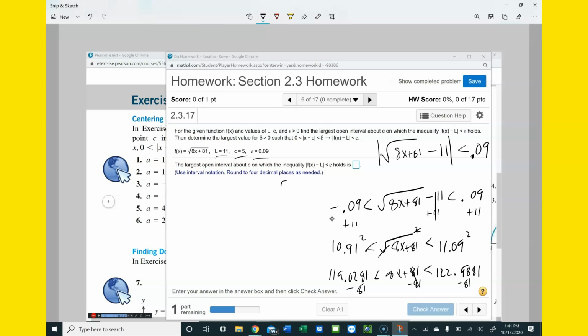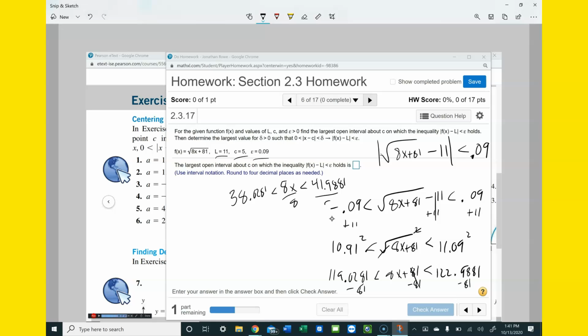That gives me 8x, and it's going to be 38.0281 on one side, and over here it's going to be 41.9881.